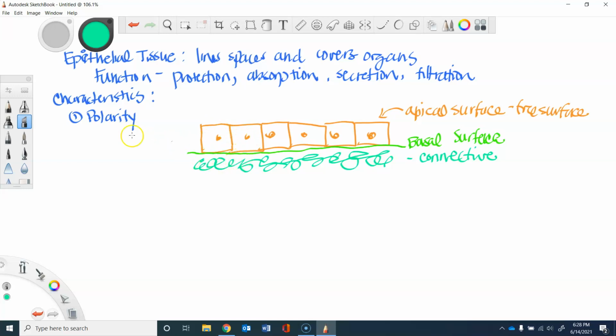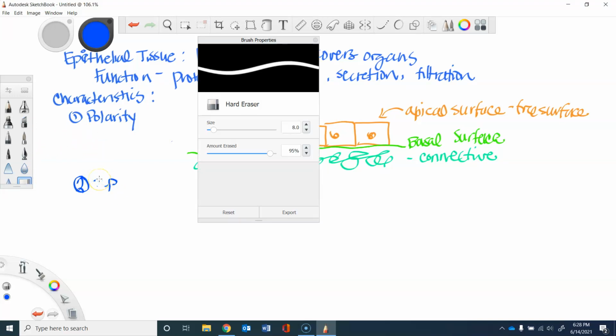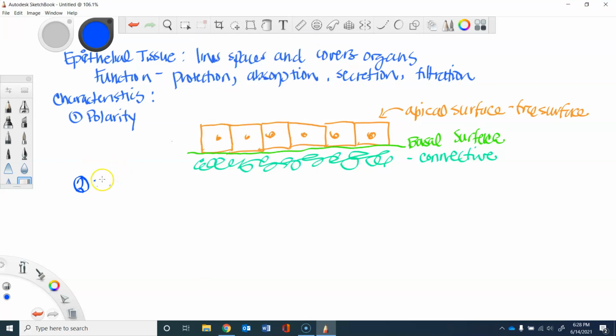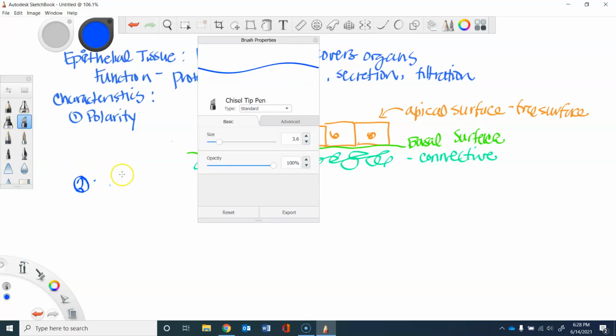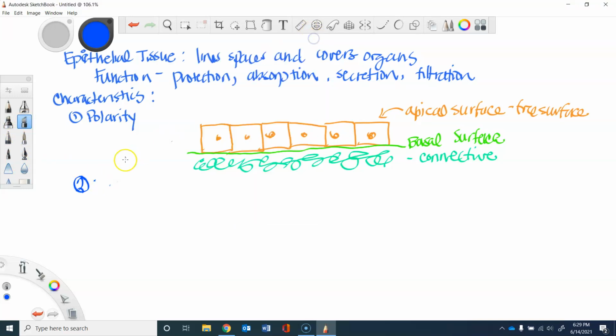The next characteristic of all epithelial tissue is that it's held together by specialized contacts.